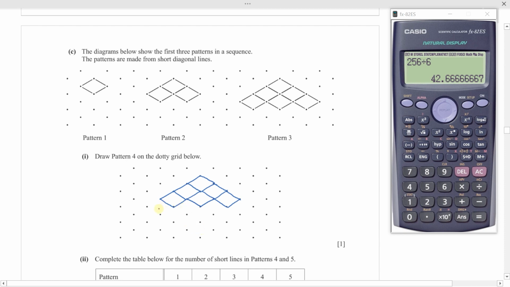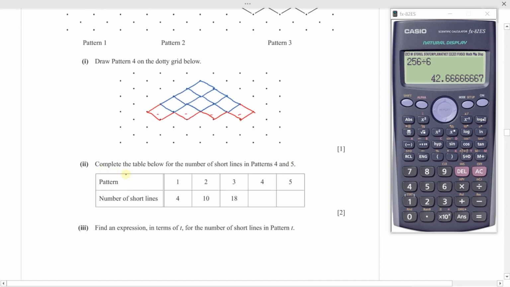So again, now you will just add one more to the last, like the lowest sides here. So you'll just add this row here. So for this, I will add like this. For this side, I'll add like this, and this, and this. So this will be your pattern number 4.